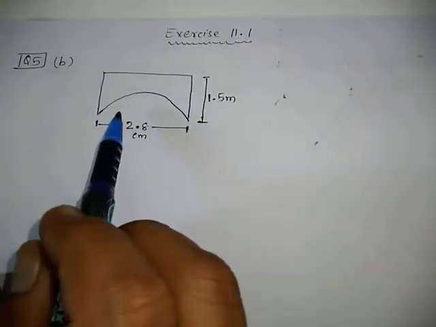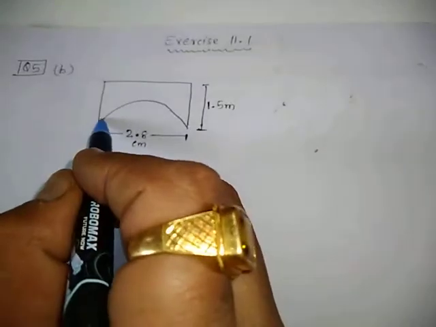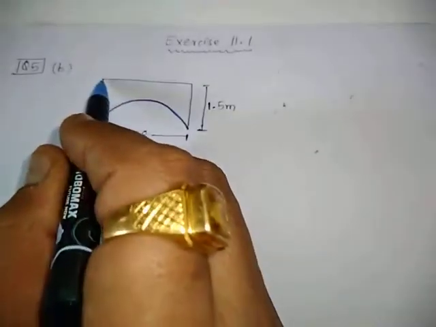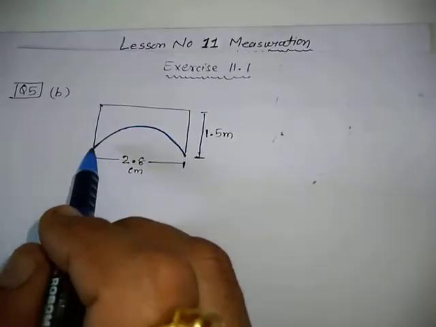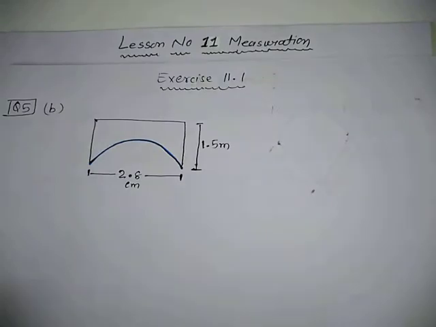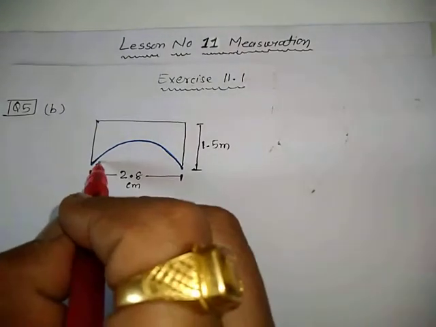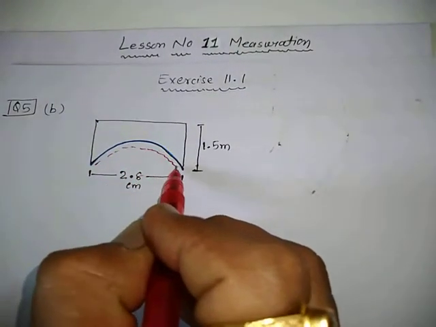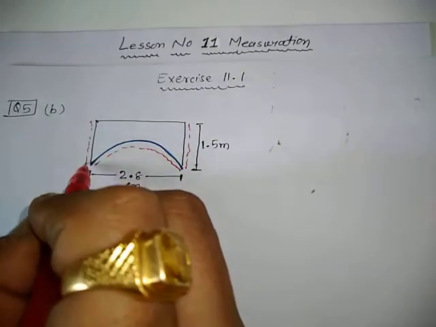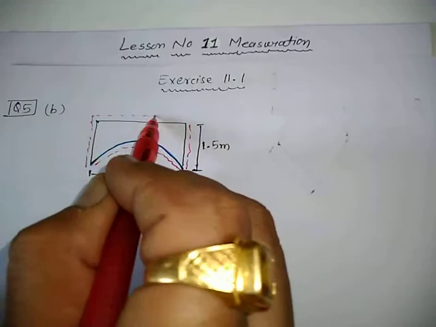Similarly, we can go for the B figure, that is next. Here in figure number 2, this portion is given as a semicircle, and this much part also. So how much is it going to cover? It will travel this much, then this side also, and this side also.